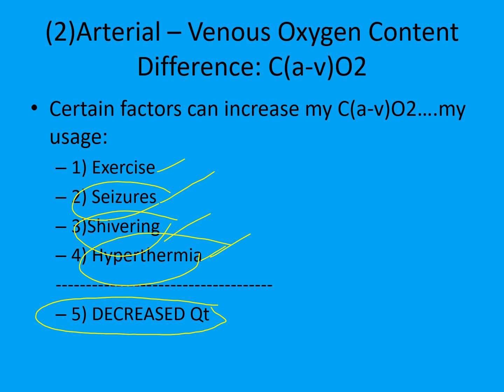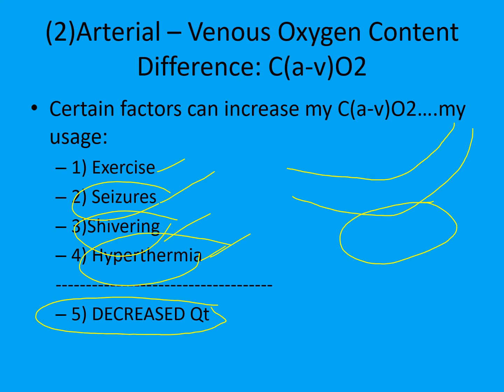I hope you are asking, why would a decreased cardiac output factor into an increased gradient? Well, remember we talked about dwelling time of the blood through the lung tissue, and how it only takes about 1/4 of a second, and you have up to 3/4 of a second to get that oxygen and CO2 to diffuse. Hopefully you remember.